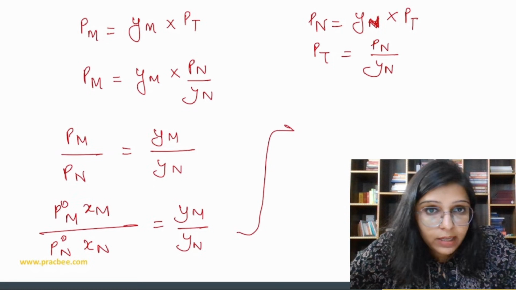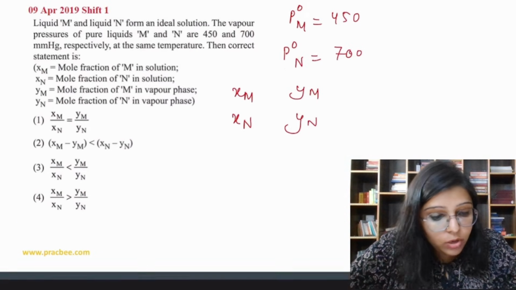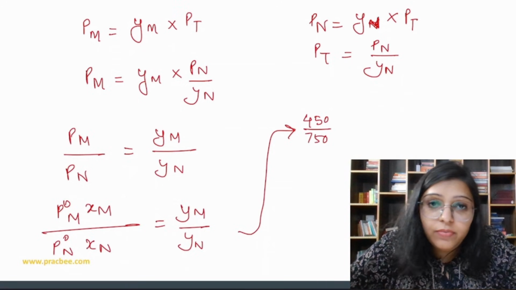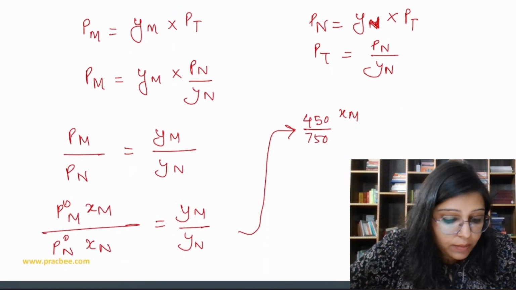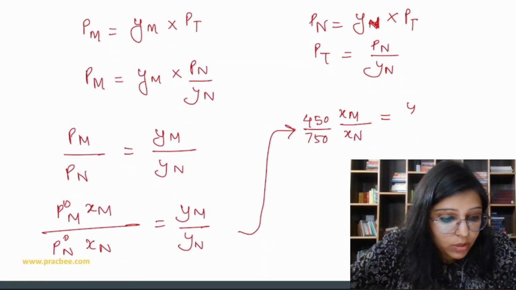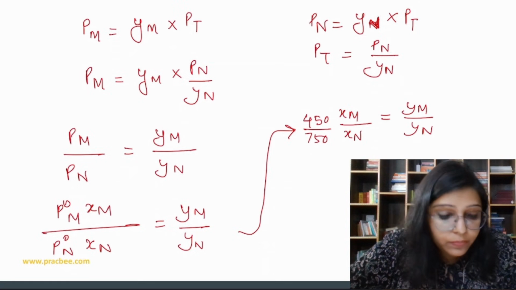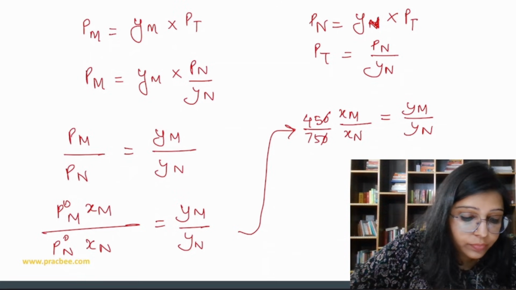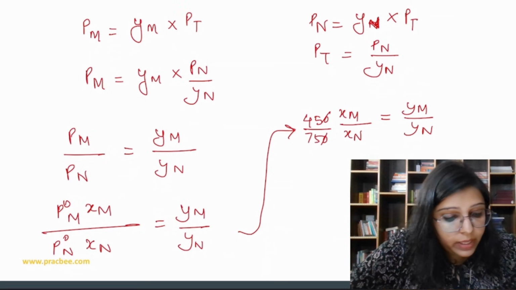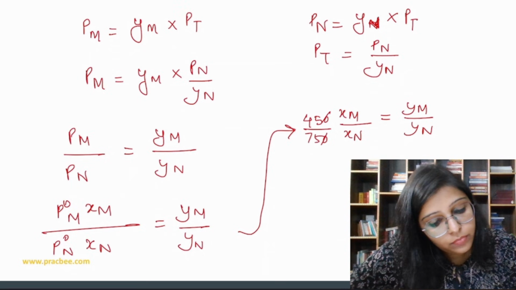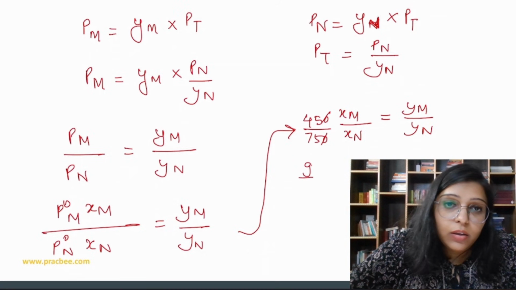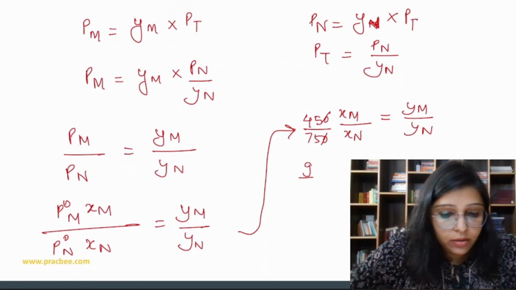Now let's put in the values. So P naught M value is 450 and this is 750. So 450 upon 750, XM upon XN is equal to YM upon YN. Okay. So on solving this, what do we get? So we get 5 9s are 45. So 9 by 15, right?